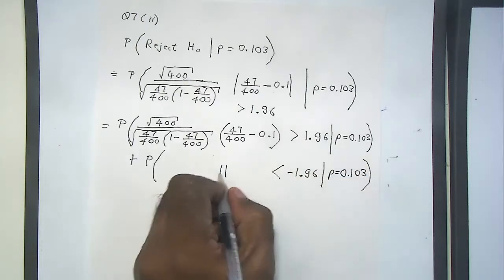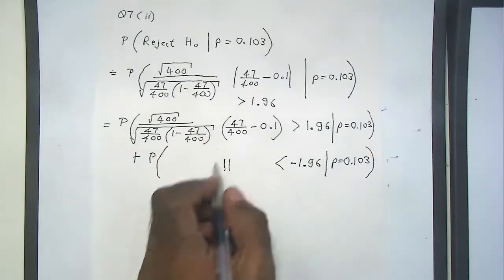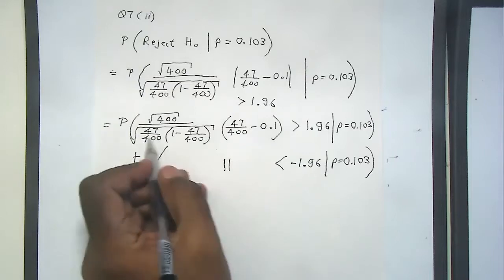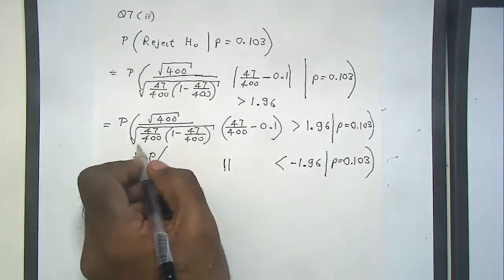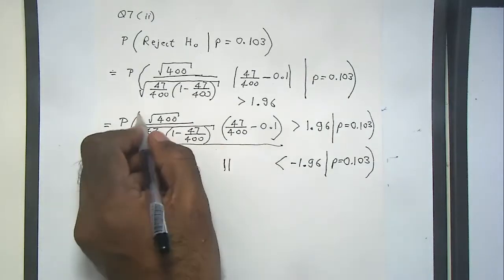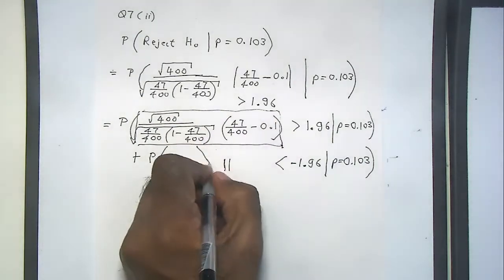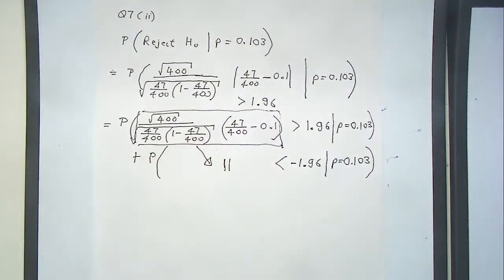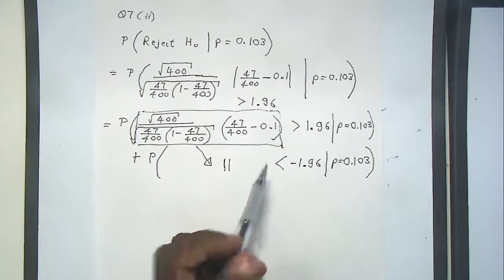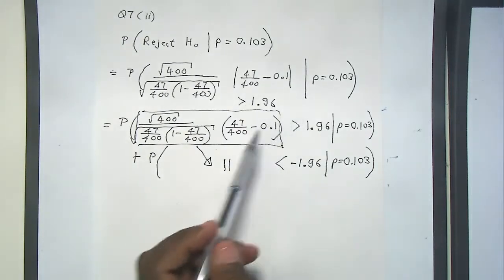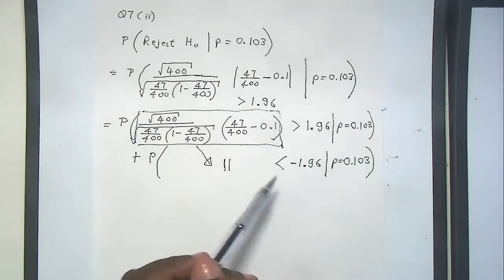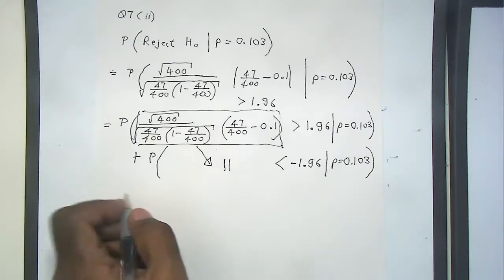When I say this, I mean this thing copied over here, right? Because when you remove the absolute sign, it means that either this is greater than 1.96 or less than minus 1.96, right?